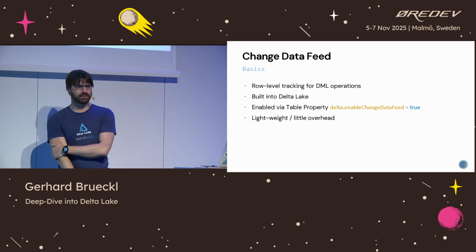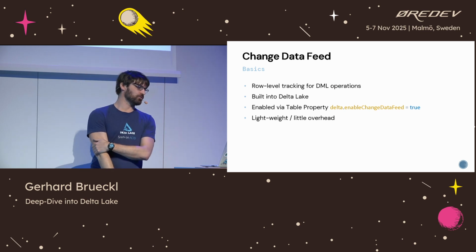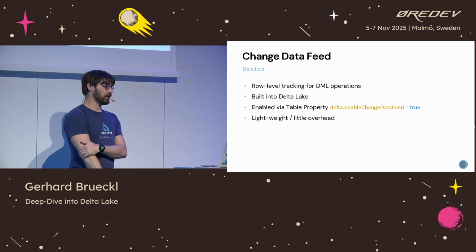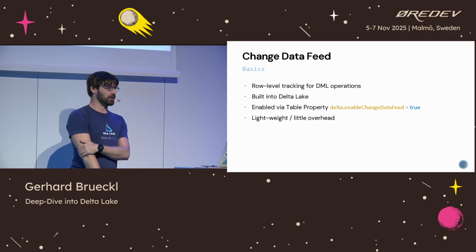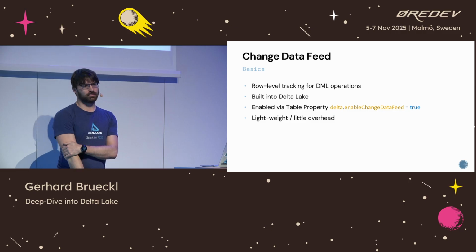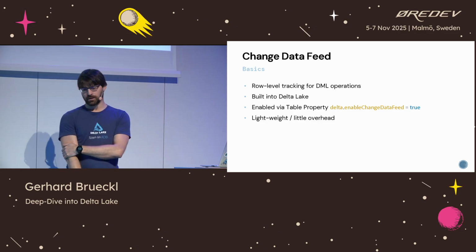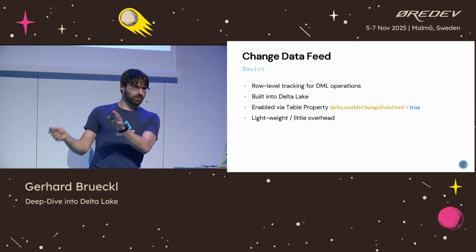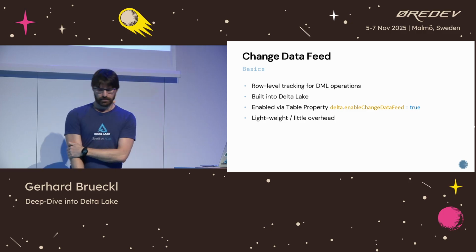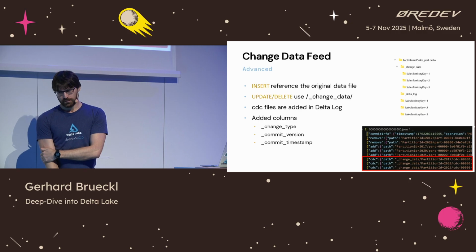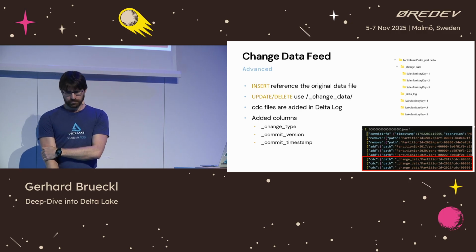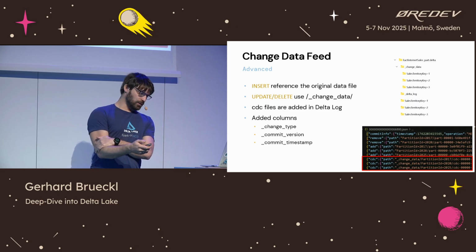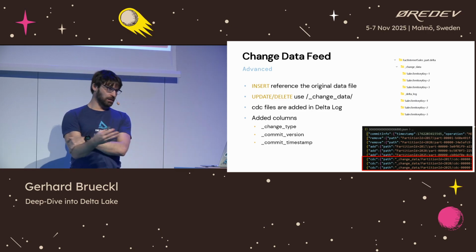Okay, change data feed. Whenever you have a Delta Lake table, there is a feature called change data feed that you can enable, which basically means each individual transaction, especially updates, deletes, and inserts, is tracked in a dedicated part of that Delta Lake table. It's very lightweight and built in.